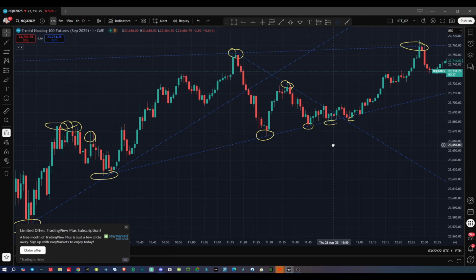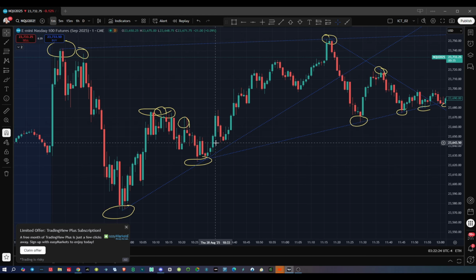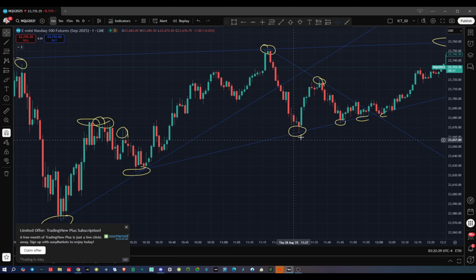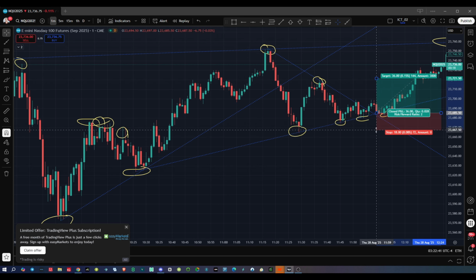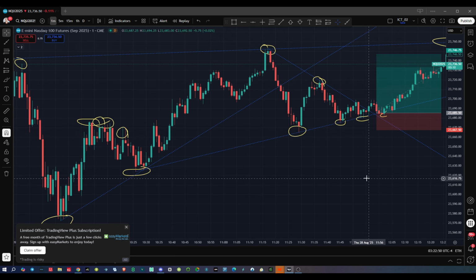Remember talking about this wedge that broke out. This is the same situation. You could have drawn this. It broke out here and you took that long, targeting higher levels. If you took that break there, put your stop loss somewhere, and target either this high here or even this high somewhere there.